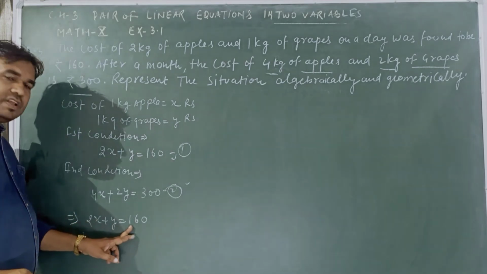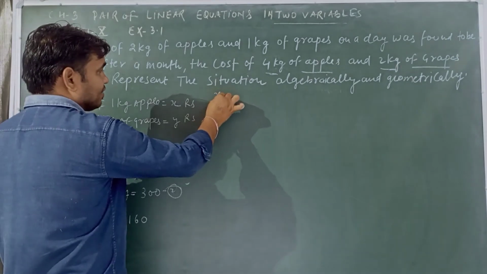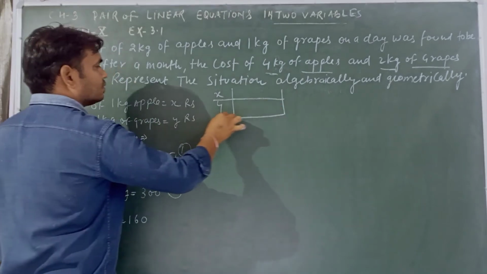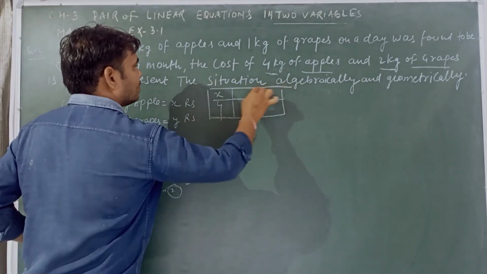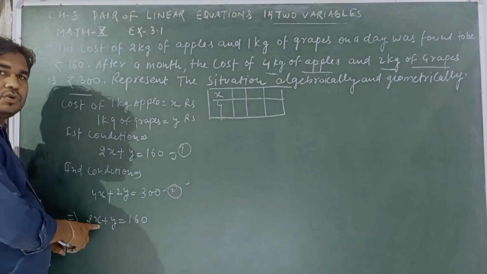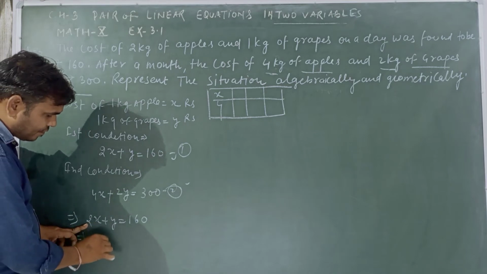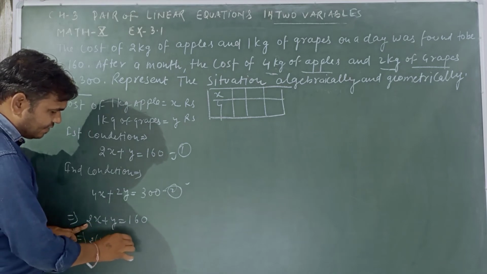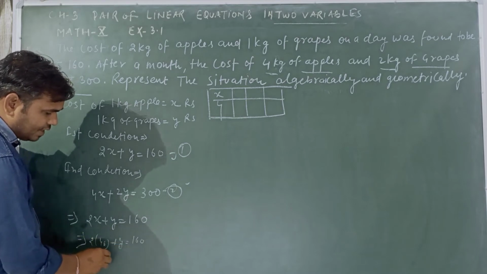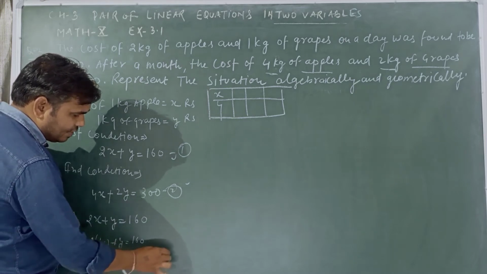If we put x equal to 40, then y equal to 160 minus 80, that is 80.